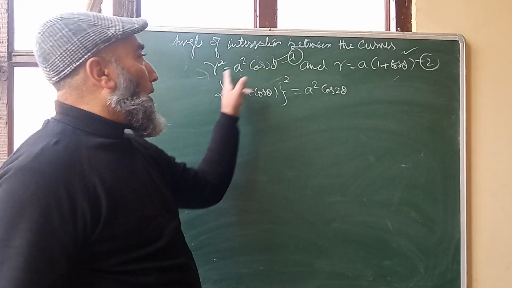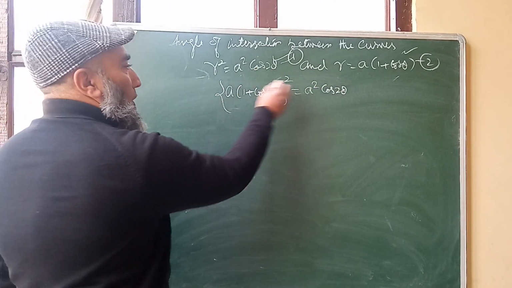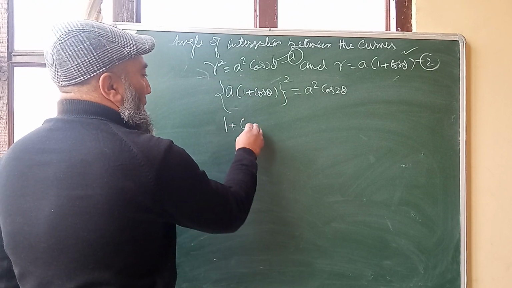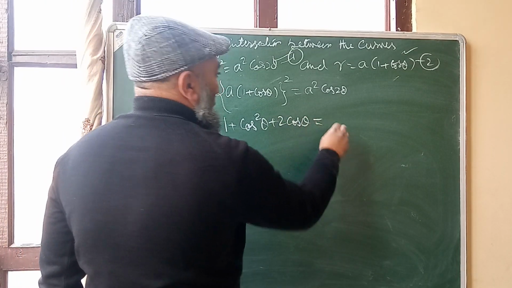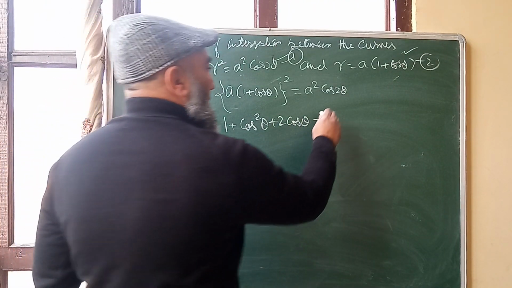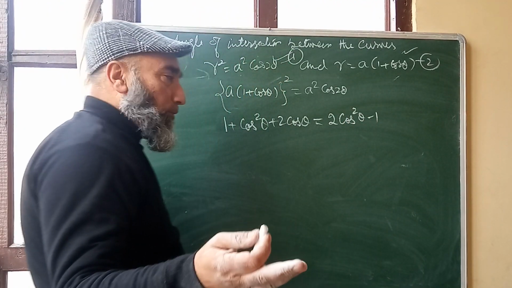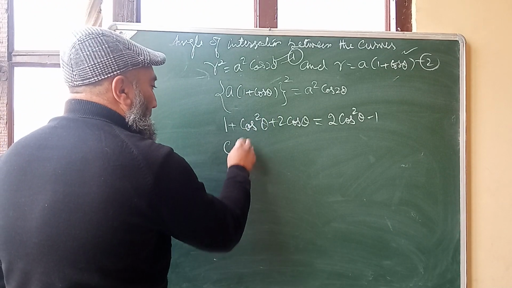Now I have r and r square, so I have to substitute for r square. This is a square, which will cancel out. 1 plus cos theta whole square is 1 plus cos square plus 2 cos theta, equal to cos 2 theta, which is twice cos square theta minus 1. This is 2 cos square minus cos square, which is cos square theta.